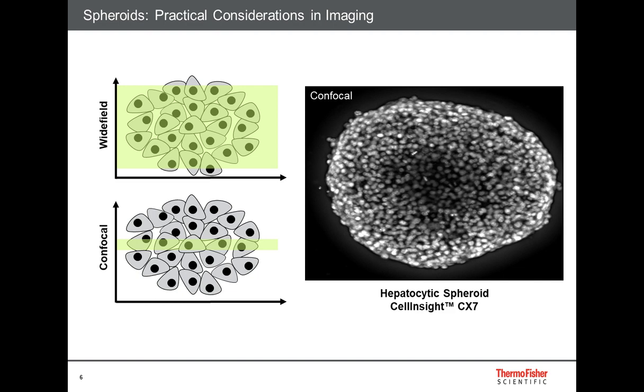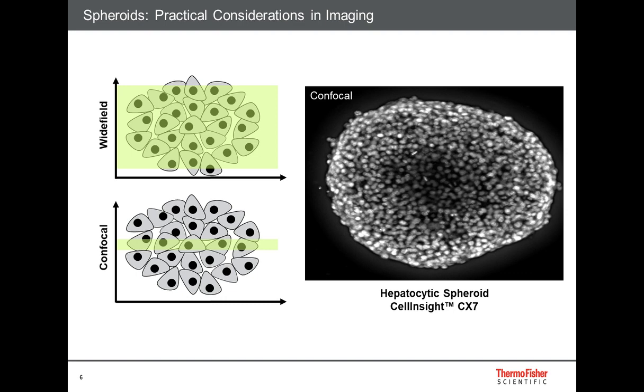Now, when it comes to actually imaging through this three-dimensional structure, we can use wide field imaging, in which the in-focus image from our plane of cells of interest is mixed with the out-of-focus light from regions outside the focal plane. And so we see essentially a blurred image here.